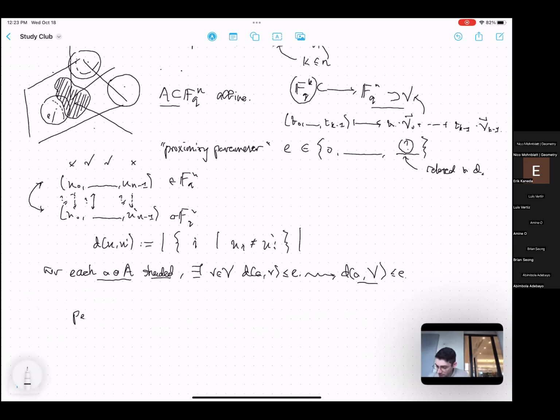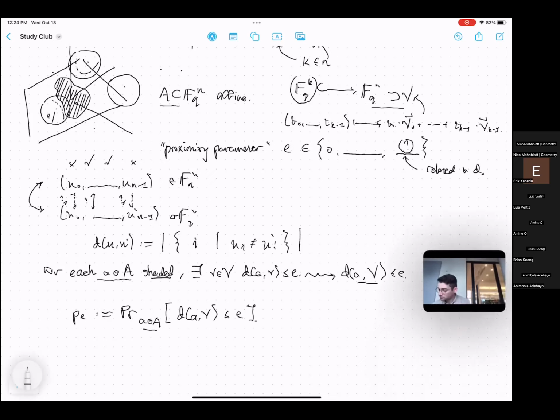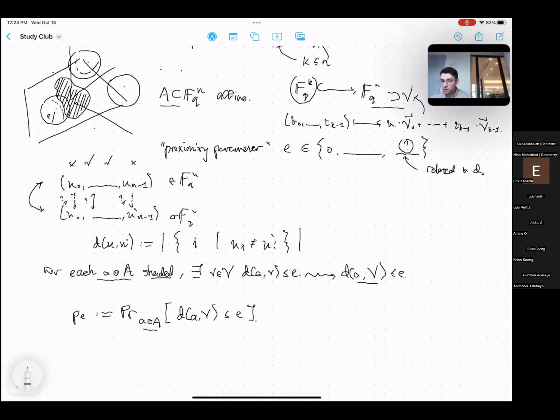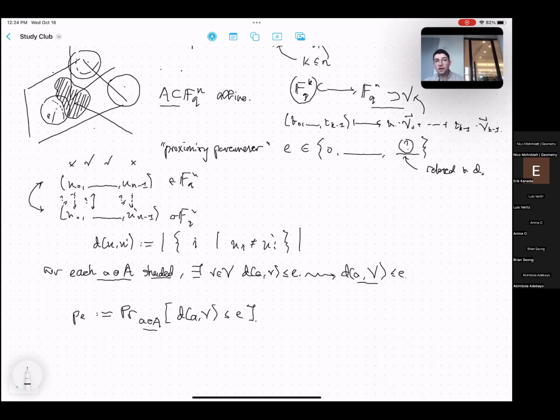So for each E, I can write P sub E to be the probability over A uniform in capital A that d(A, V) is less than or equal to E. Okay, and depending on E and on A and on V, this probability can be anything.